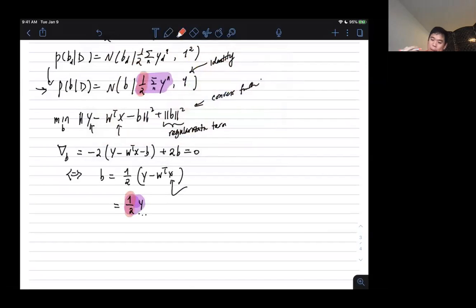So what it means is that the bias is supposed to model the expectation, or the average output. But we need the half because of this regularization, because our prior belief about the bias vector implies that the bias vector should be closer to 0 than what the data suggests. That's where this half comes in.